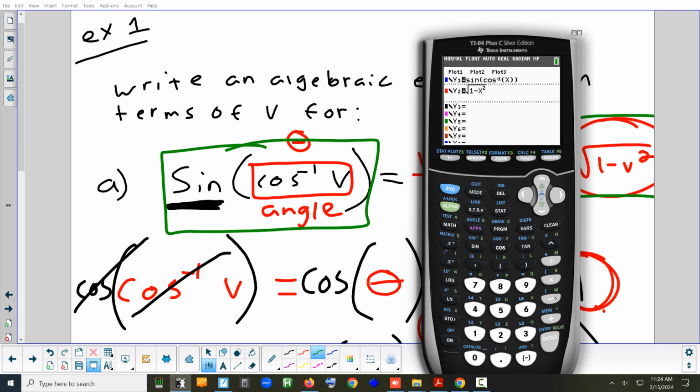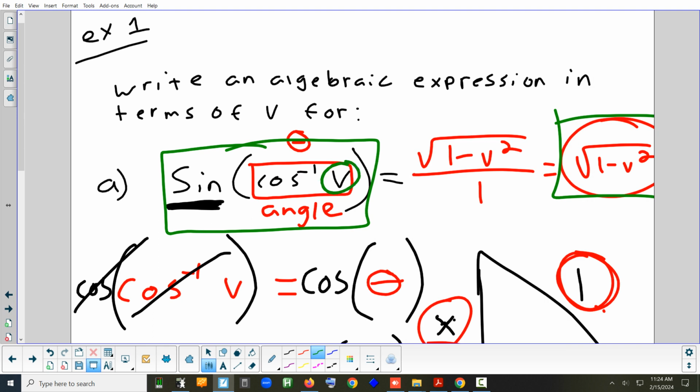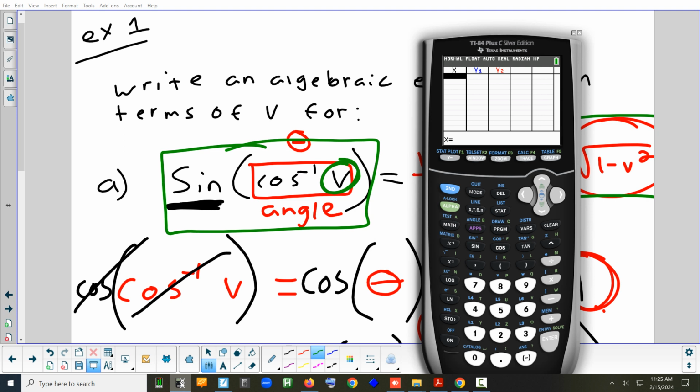Now I'm going to go to my table. I'm going to type in some values and check and see if they come out the same. Remember, inverse cosine has to be between -1 and 1. So you can give me any number you want me to check, but it has to be between -1 and 1. So what's a number that I could test?